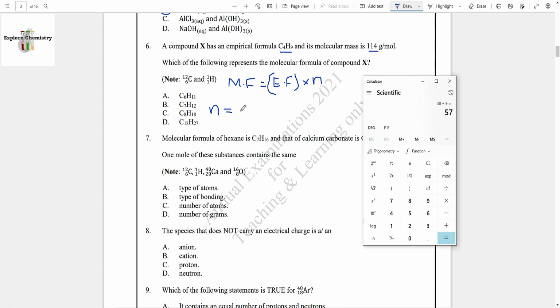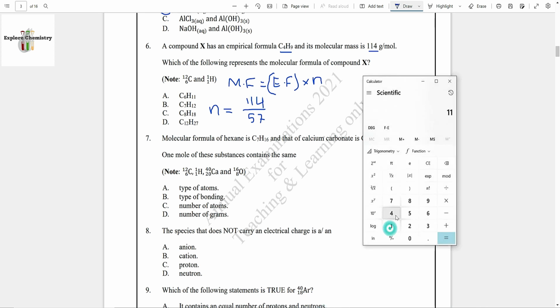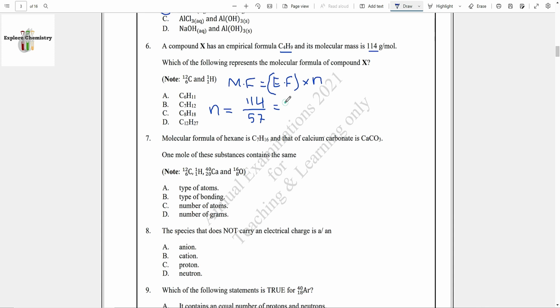This is the empirical formula mass, 57, and the molecular mass of this compound is given in the question, 114. What you need to do is 114 divided by 57. The answer is 2. So the value of n is 2. When you multiply this empirical formula with 2, 4 will become 8, 9 will become 18. So option C is the answer, C8H18.